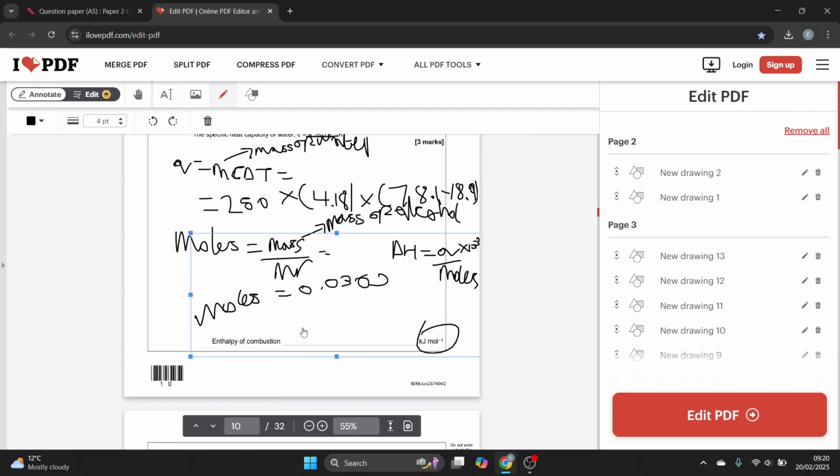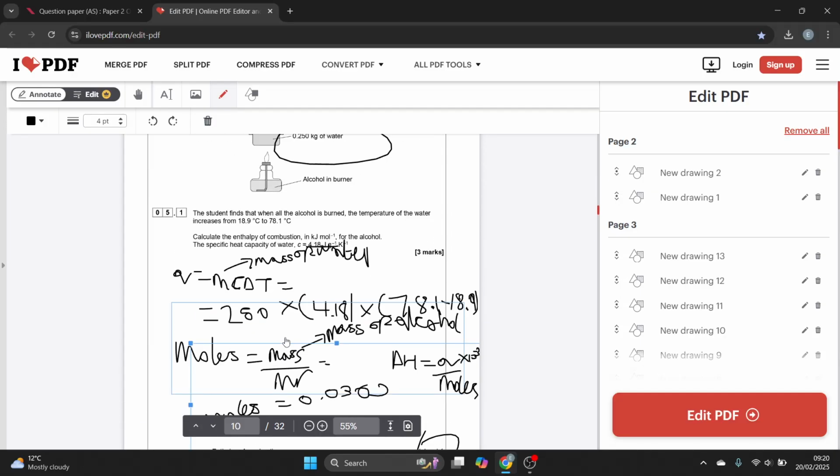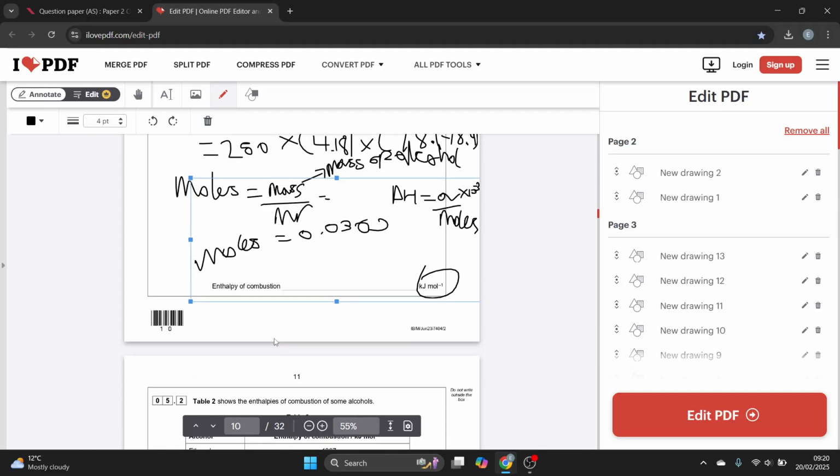So first find out Q: 250 times by 4.18 times by 78.1 minus 18.9, divided by 1000, and then keep my answer and divide by 0.0300, and I get 2062.